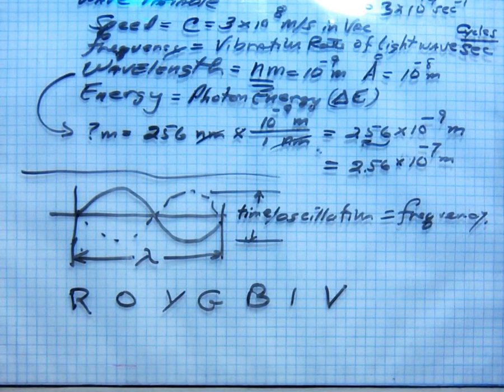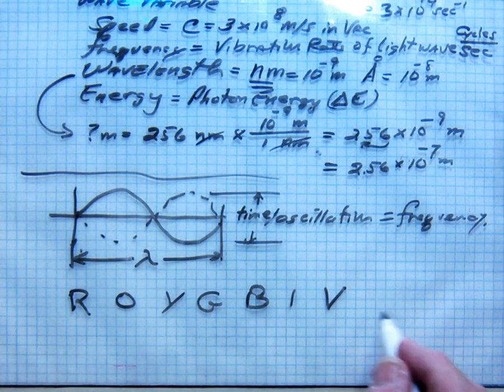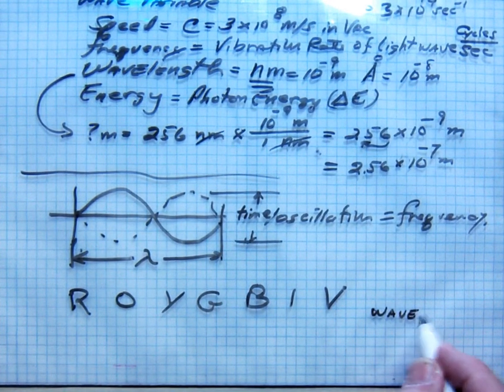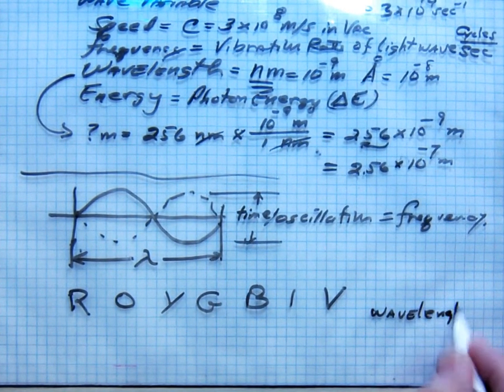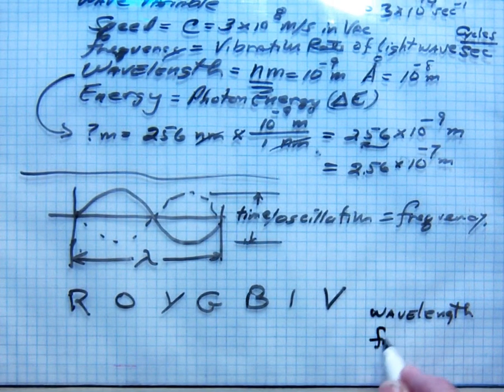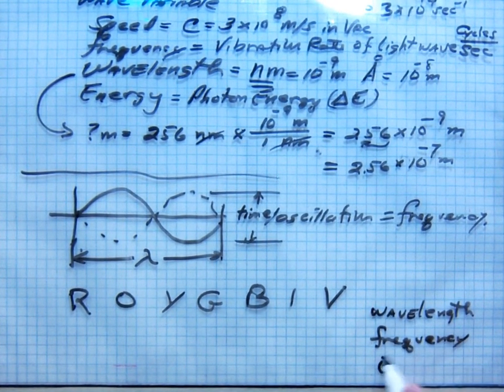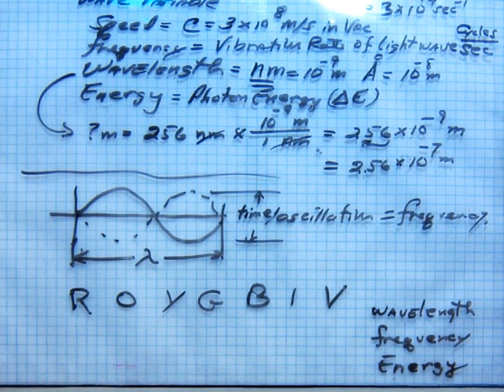And we want to describe the general wave variables of this acronym in terms of wavelength, frequency, and I'm going to go ahead and throw in energy while we're here. Why don't I throw in speed?